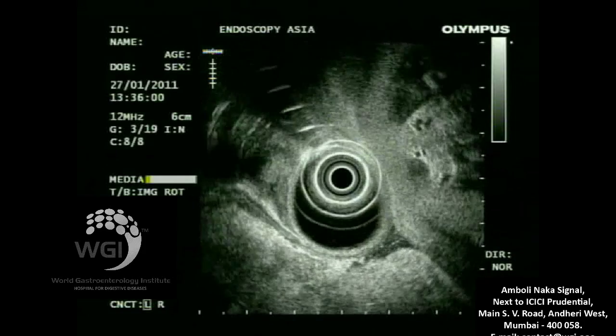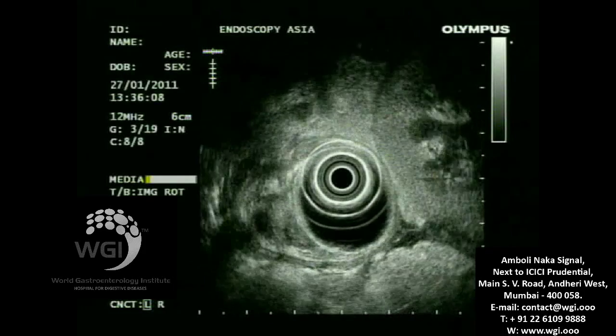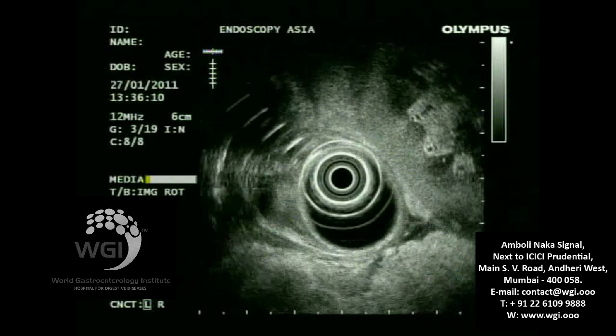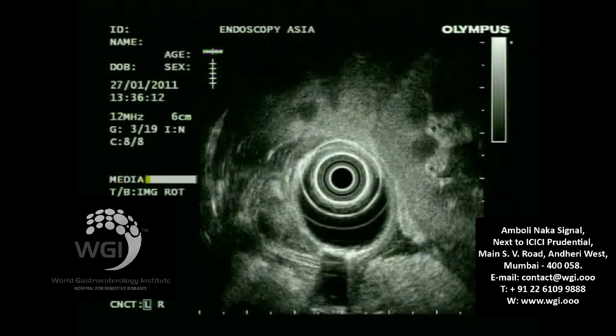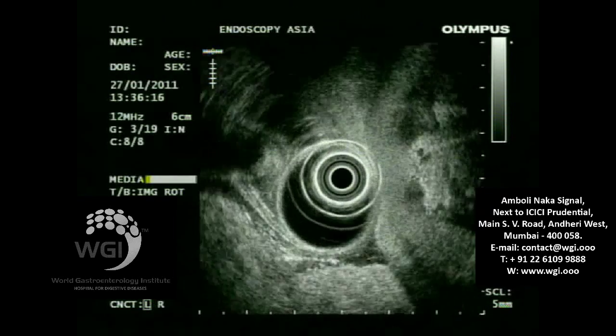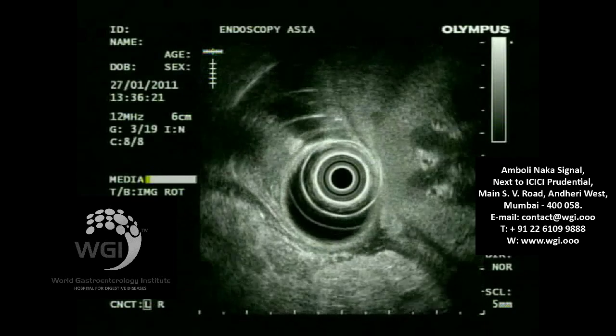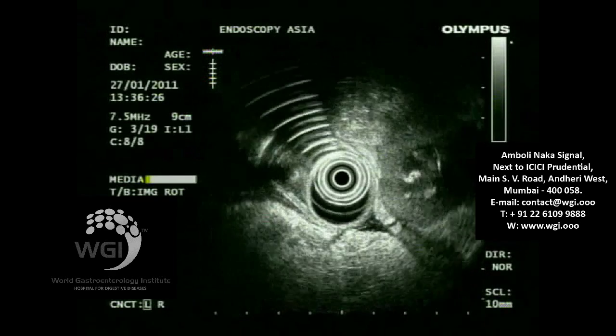Push your scope. You can see a posterior acoustic shadowing impacted stone there. Yes, that's the stone you can see here at 8 o'clock position. It's an impacted stone right at the ampulla, and you need to confirm this again and again, because on the basis of EUS you will decide the next line of management.